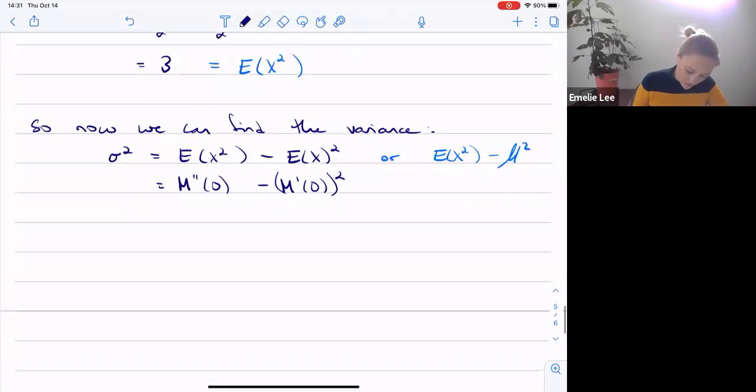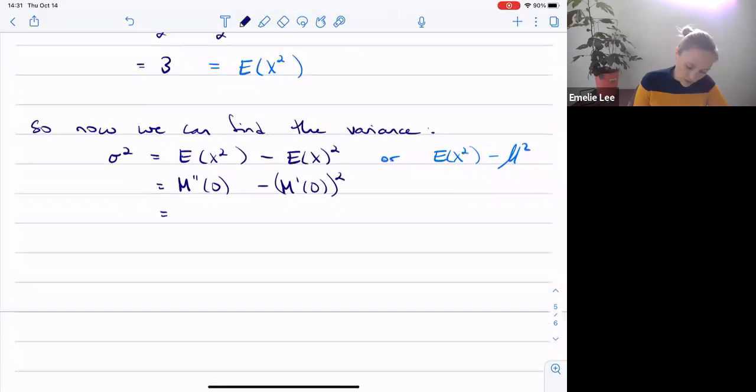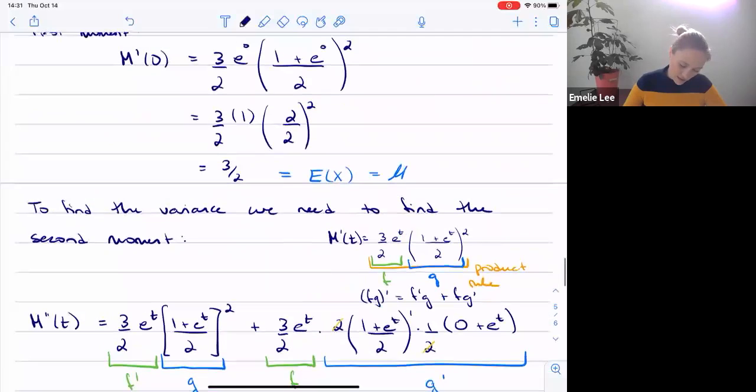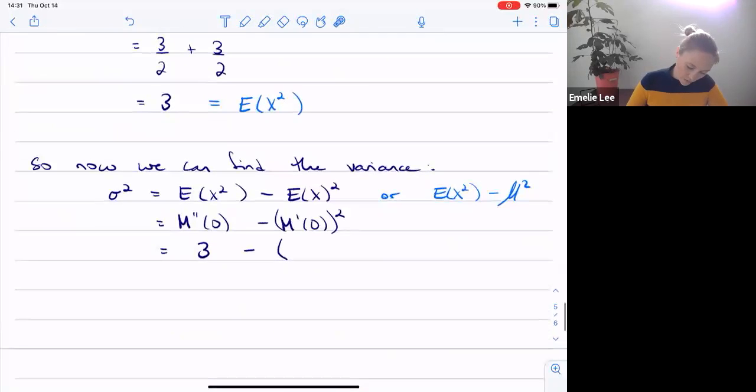Which in our case, we found both of these values. The expected value of x squared, or the second moment at 0, is 3. So 3 minus, and we said the expected value of x, or the first moment at 0, is 3 over 2. So 3 minus 3 over 2 squared, right?